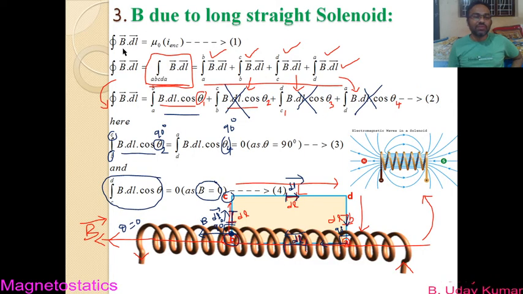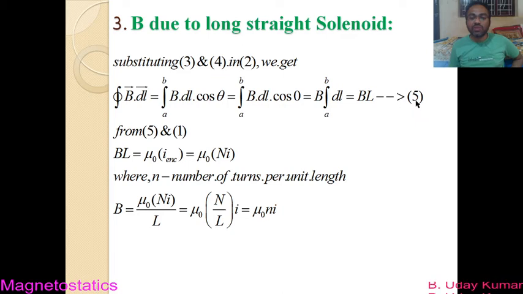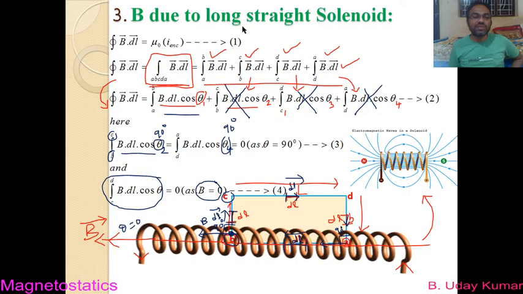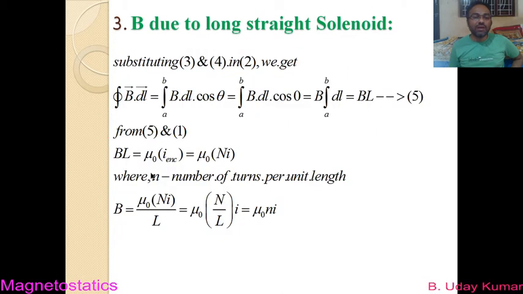From equation 1, Ampere's law states that the total line integral of the magnetic field is mu 0 times I enclosed. So we have determined the value of the total line integral of the magnetic field in equation number 5. If I substitute equation number 5 in equation number 1, I get this formula.